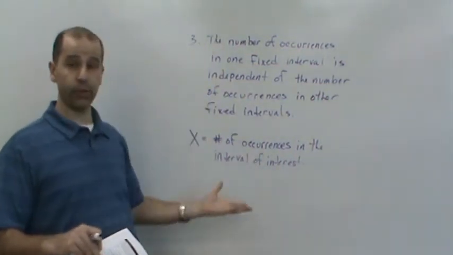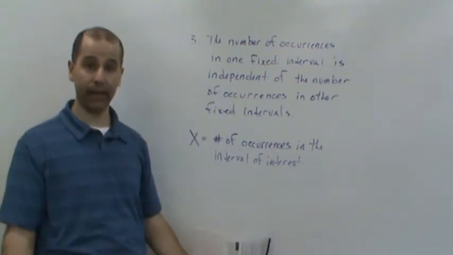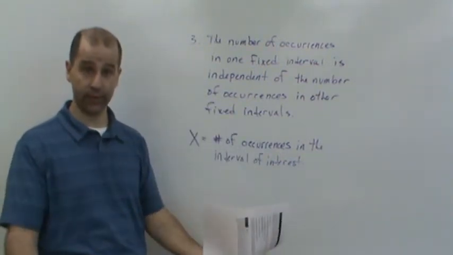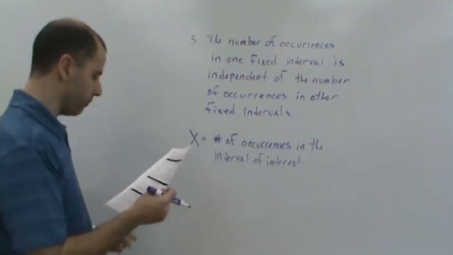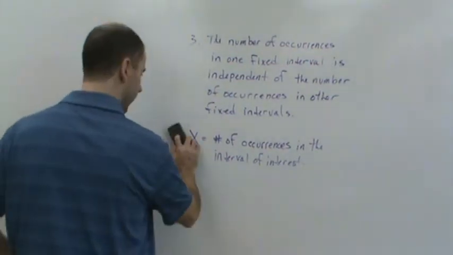And will satisfy those 3 conditions. And we're going to do some examples so that you can see how they satisfy these conditions, okay? So now, let's do this example here.